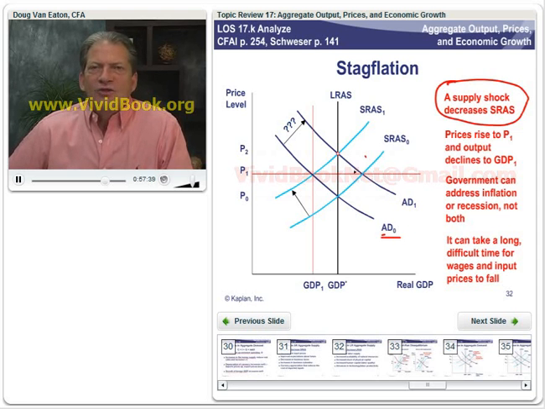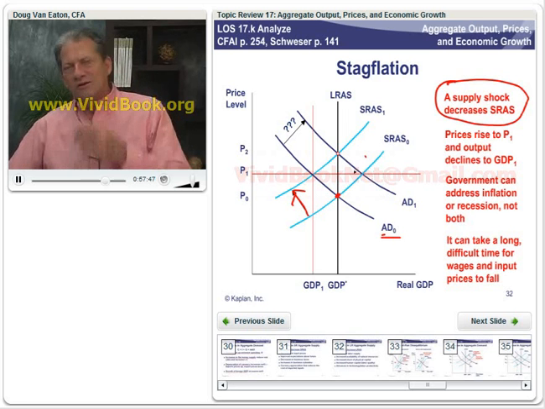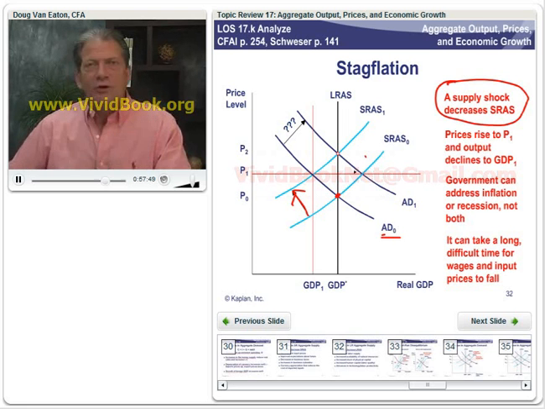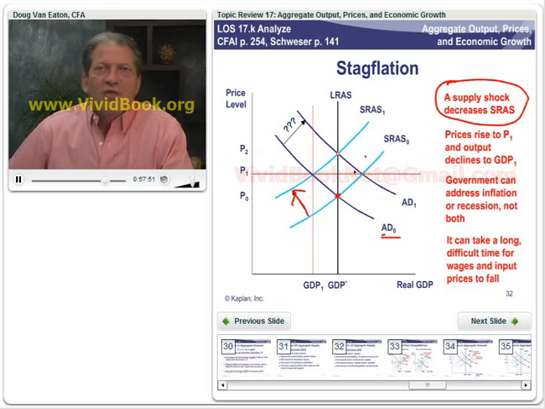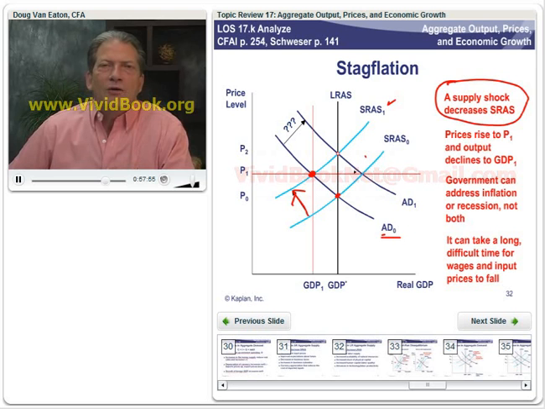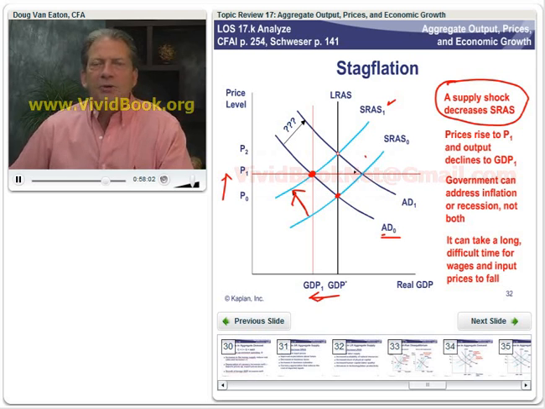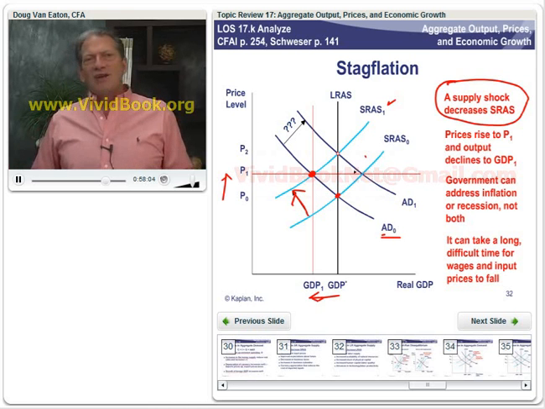We start here, and a supply shock decreases short-run aggregate supply, like an oil embargo, a sharp increase in the price of one productive input. That shifts us back to under full employment, but there's also been an increase in the price level. So economic output decreases, unemployment is rising, and yet the price level is rising as well.